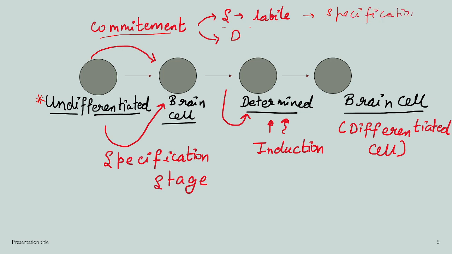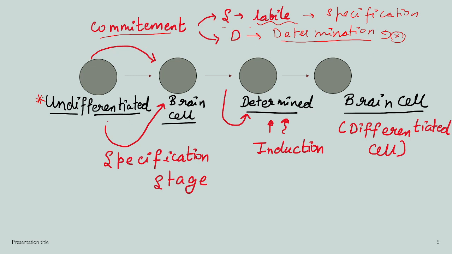And I have mentioned that this stage is labile, that is, not permanent. Now this stage is determination, that now the cell is determined and there is no going back. So once a cell gets determined, then it cannot change its fate.